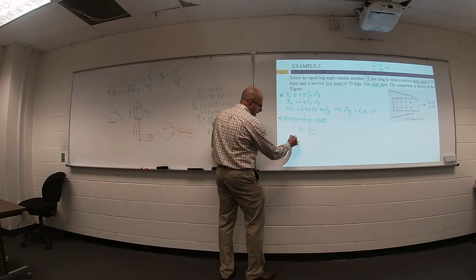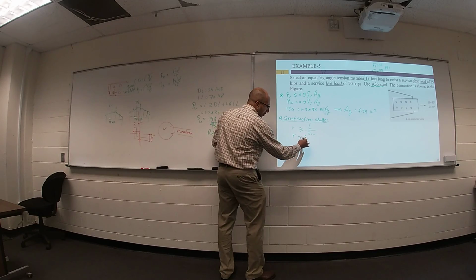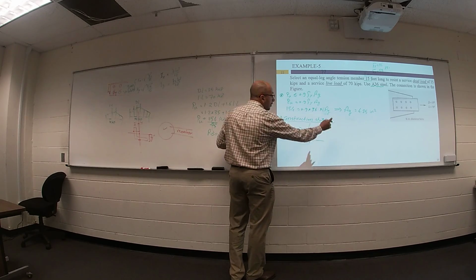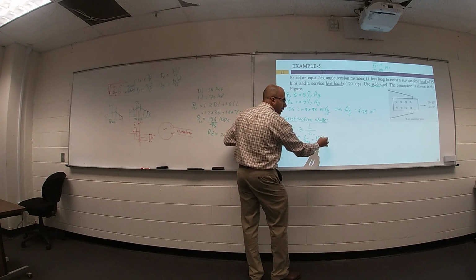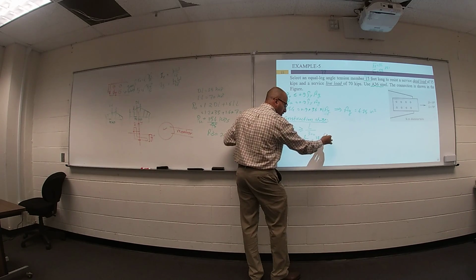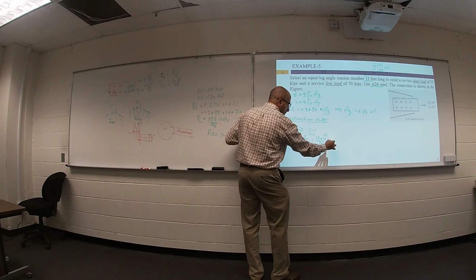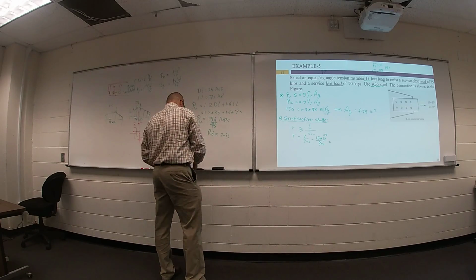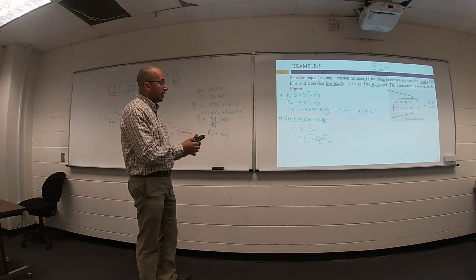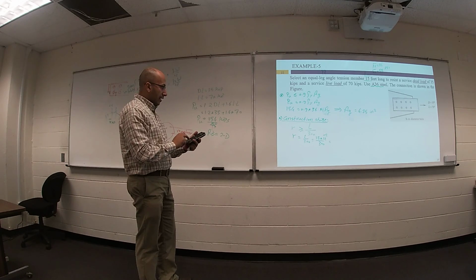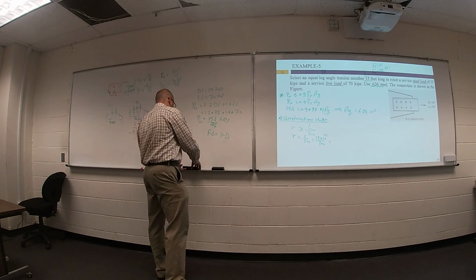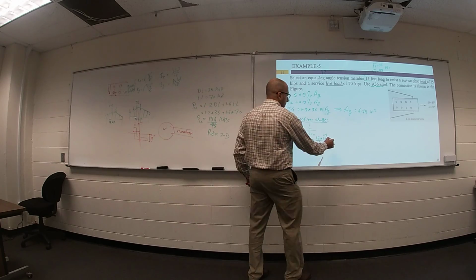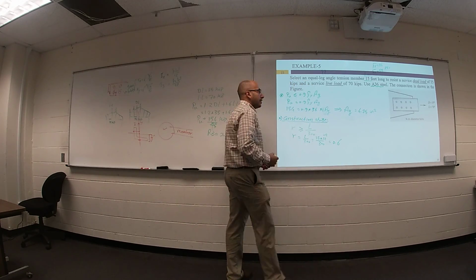So I think we can assume R equals L divide 300. Your L equals 15 feet times 12 to be in inches, divide 300. What is the value of R? 15 times 12 divide 300 is 0.6. That's right?